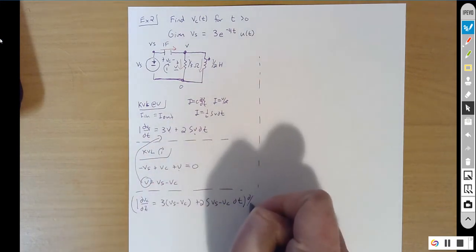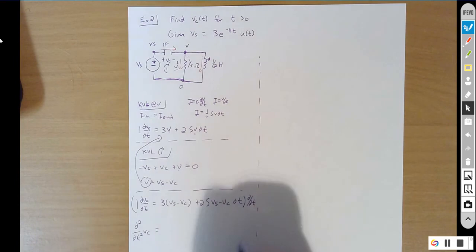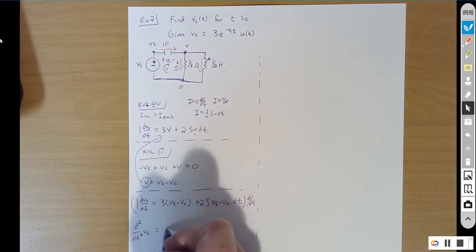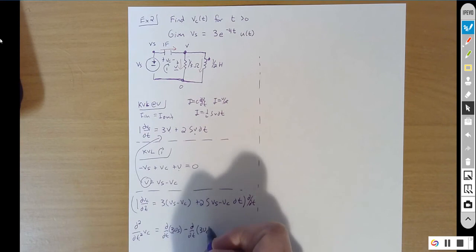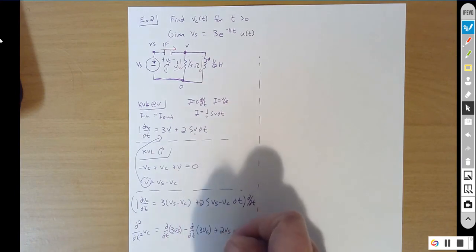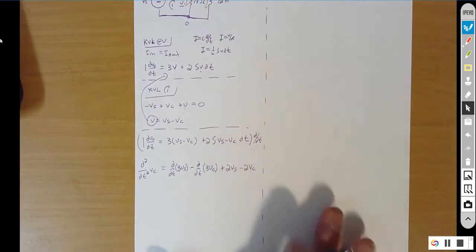We get a second derivative for Vc on this side. This becomes the derivative of 3Vs, the derivative of 3Vc, and this becomes 2Vs and minus 2Vc.